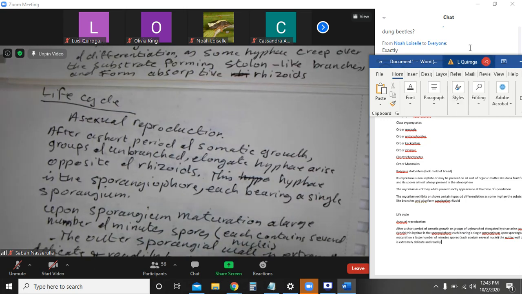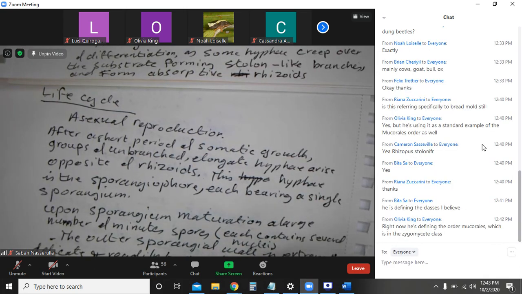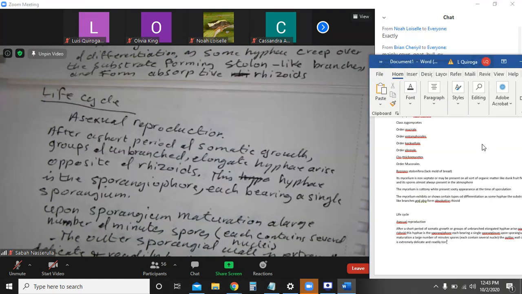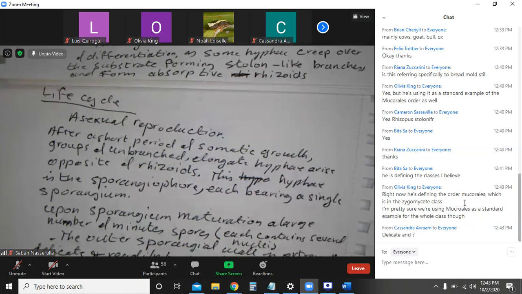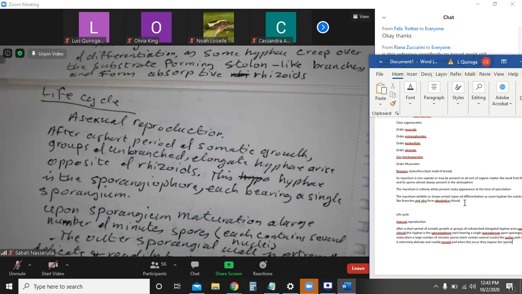When this occurs, the exposed spores are quickly carried by the air current or by air currents.